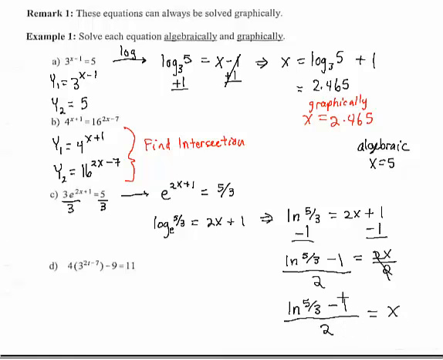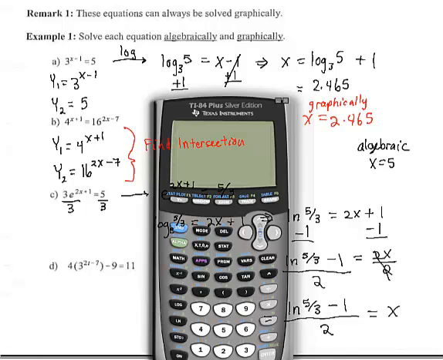This is the exact one, because if we were to write out a single decimal number, more than likely we'll have to round this ln of 5/3. So this is our exact solution. Okay, we want an idea as to what number it is approximately, so we pull up our calculator.